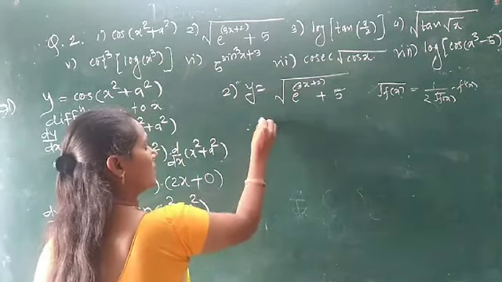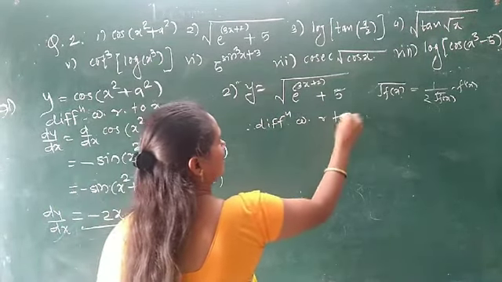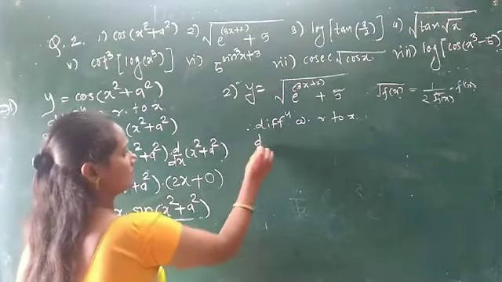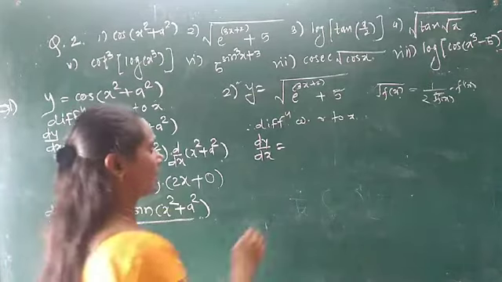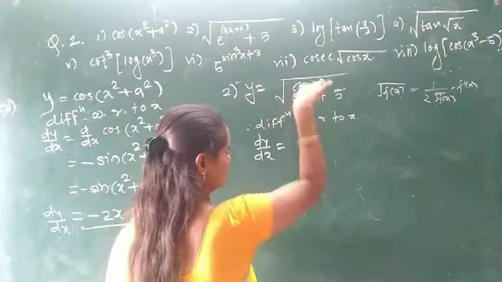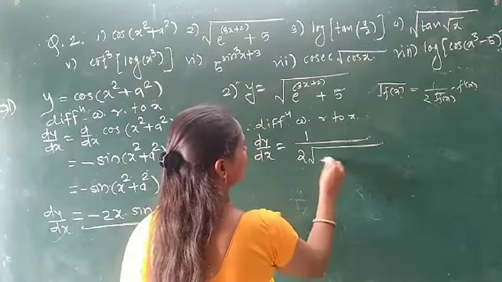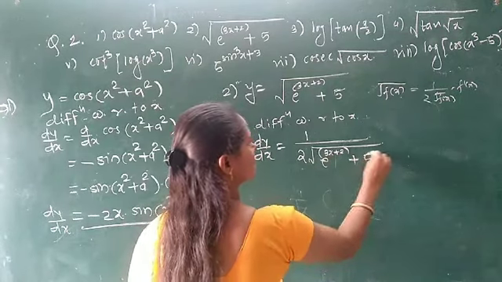So differentiate with respect to x. dy upon dx is equal to the derivative of root of this term: 1 upon 2 root of e raised to 3x plus 2 plus 5.